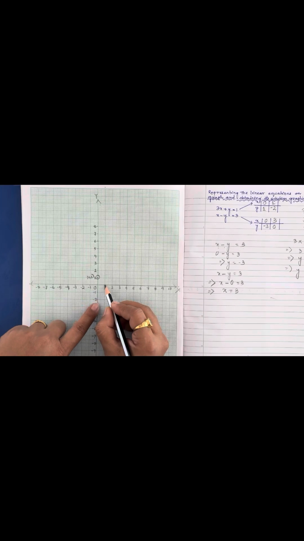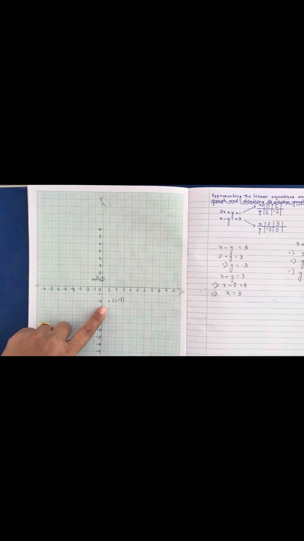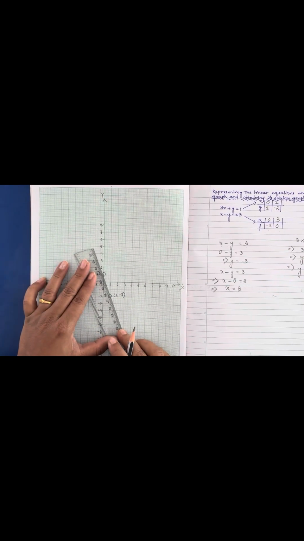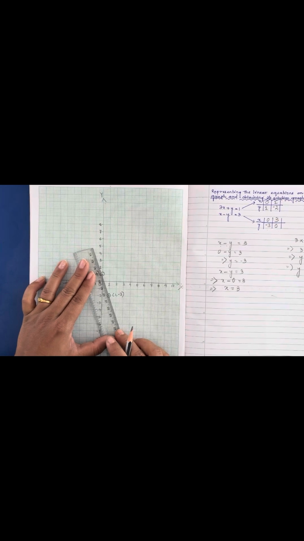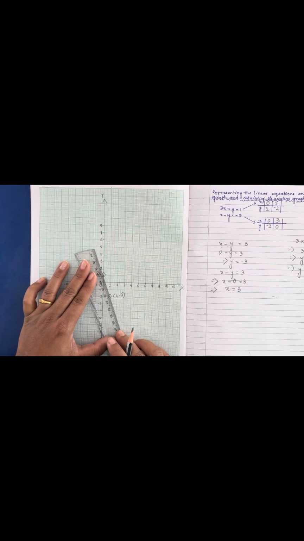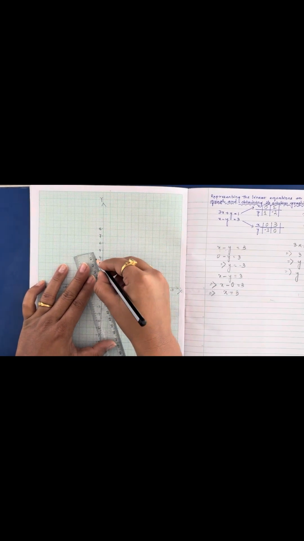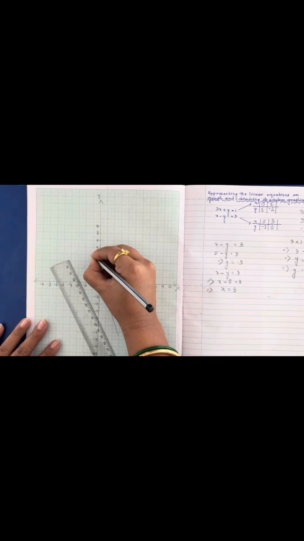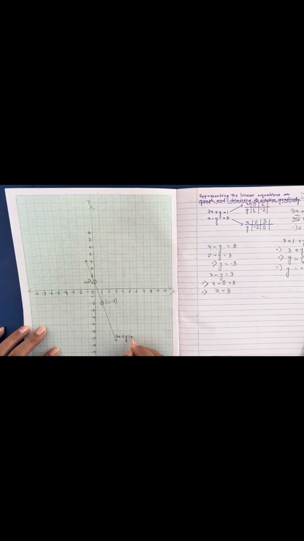So I'll go for 1 on the x-axis, then minus 2 on the y-axis. So here (1, minus 2). Let's join the 2 points. This line is representing the first linear equation, that is 3x plus y is equal to 1.